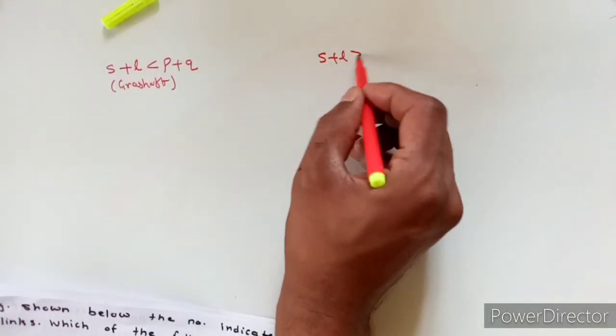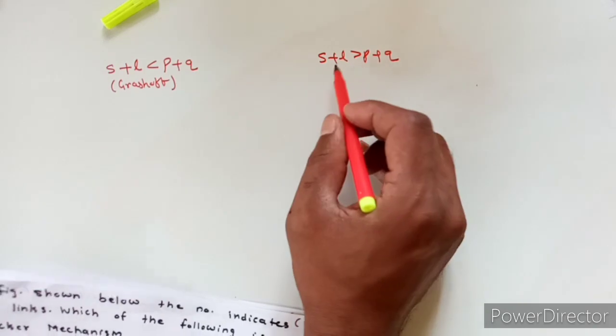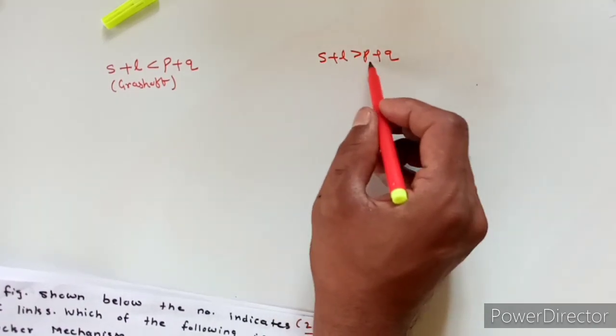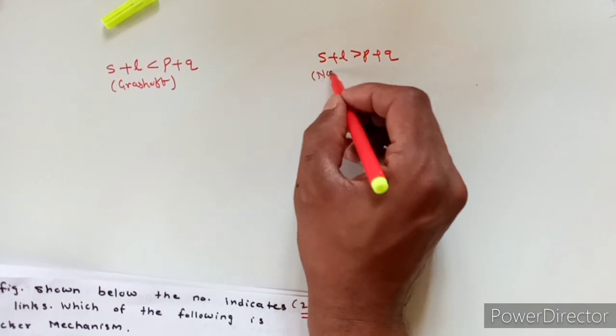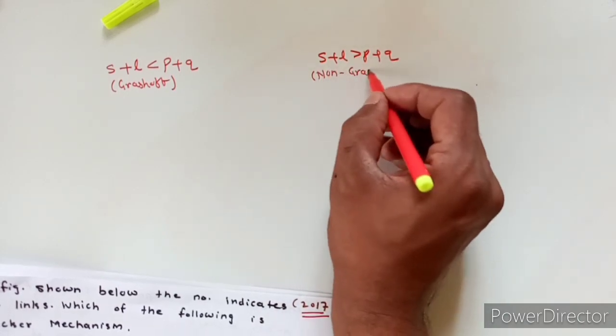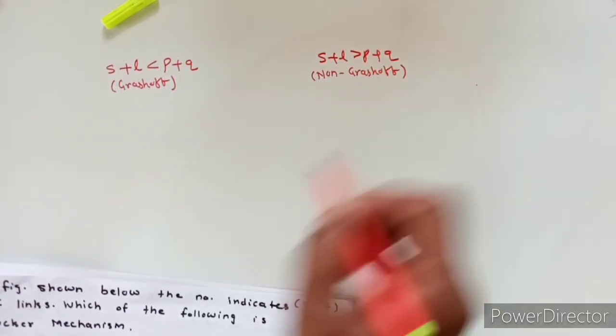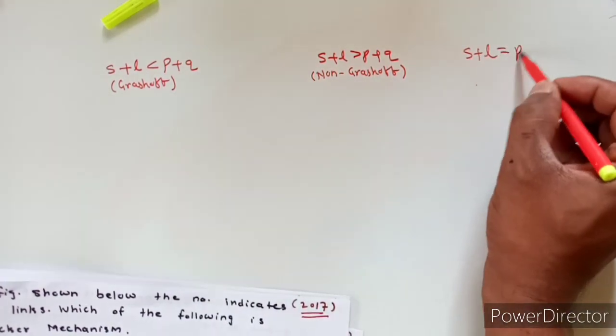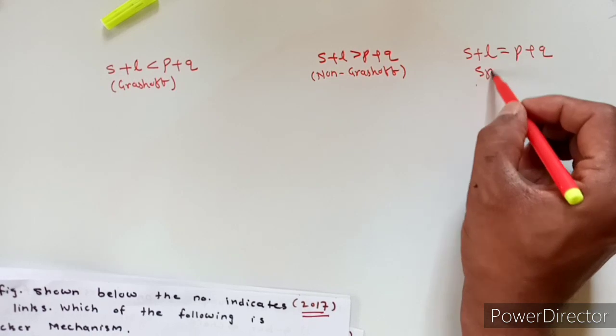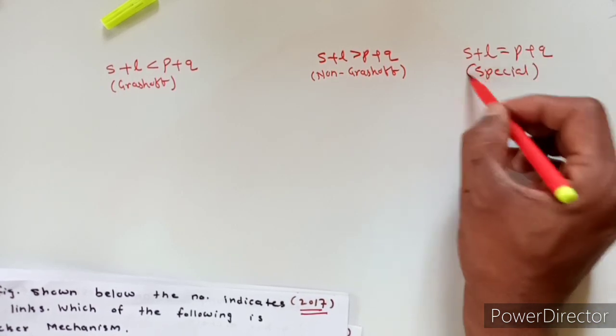If S plus L is greater than P plus Q, that is, the sum of lengths of the shortest and longest link is greater than the sum of lengths of the other two links, these are called class 2 mechanisms or non-Grashofian linkages. And if S plus L equals P plus Q, these are called special class linkages.